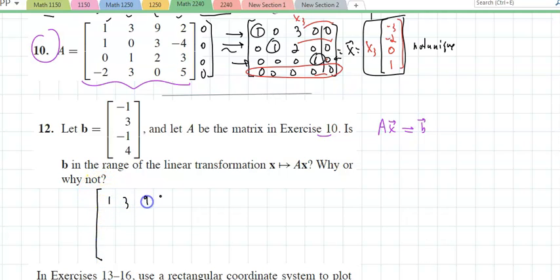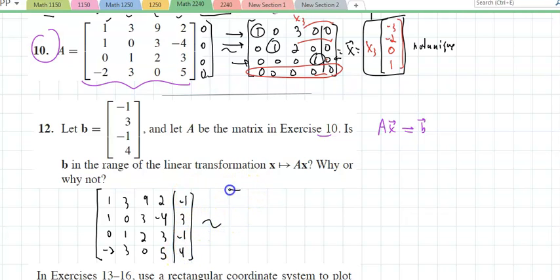1, 3, 9, 2, 1, 0, negative 2, 0, 1, 3, 3, 2, 0, negative 4, 3, 5. And instead of being the zeros, that's B right there. And I'm trying to see if I can find the weights.